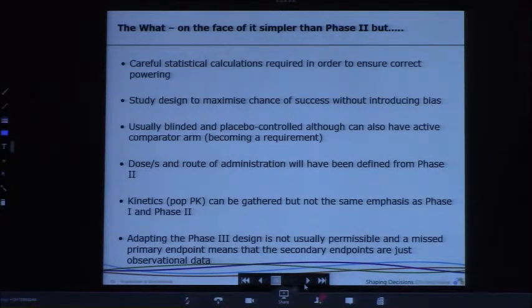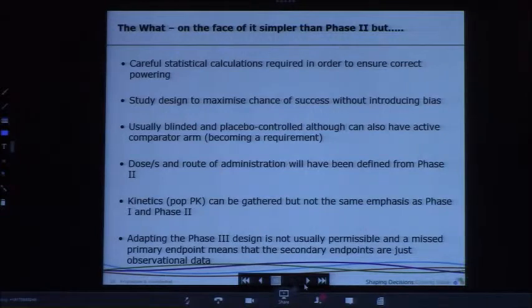You will hopefully have the optimal dosing regimen. If you're having to do a comparator study, you'll be trying your utmost to ensure that you're using the comparator within the specification of the comparator use, but in the worst possible way of doing that. So there are ways that you need to look at the study design to maximize the chance of success, because there is such a huge investment here.